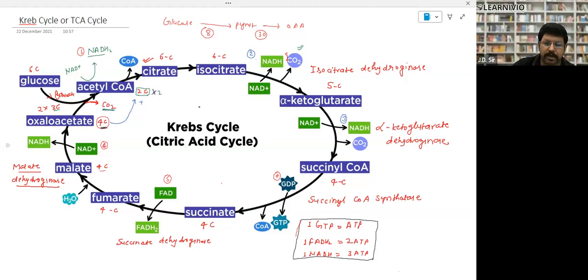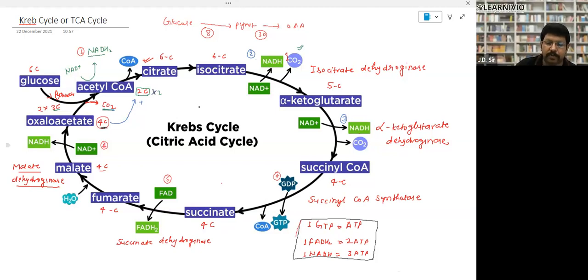Alpha ketoglutarate is a 5-carbon compound. It breaks down into succinyl coenzyme A. Again decarboxylation takes place, meaning one carbon dioxide goes out, and this is a 4-carbon compound. Again NADH formation takes place, so here the production of energy takes place.